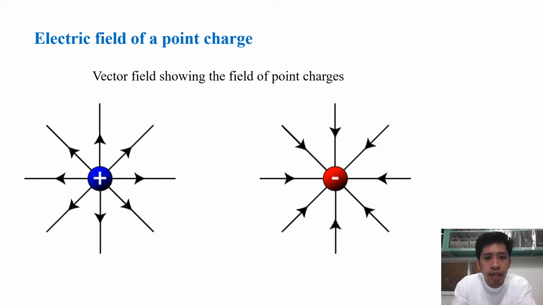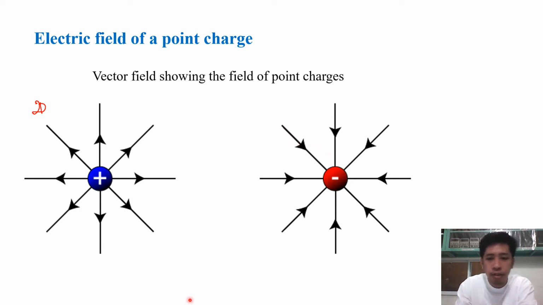Now these are vector fields showing the field of point charges. Again, for a positive charge, all the electric field is flowing radially outward. This is just a two-dimensional view, but all the electric field is flowing radially outward. And on the opposite, for a negative charge, you have electric fields that are flowing radially inward.